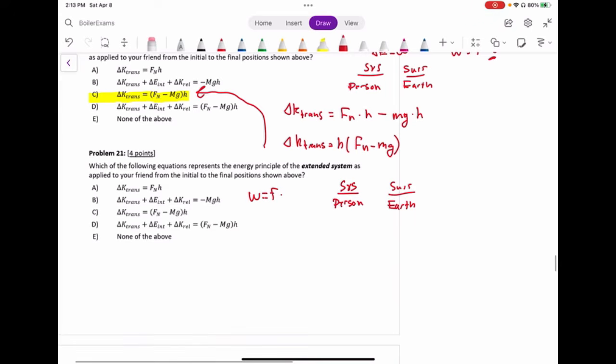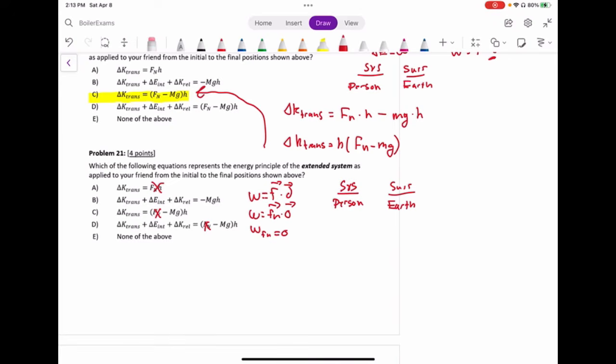work is force dot displacement vector. And yes, we have that normal force, but his feet aren't being displaced at all. So the work due to that normal force is going to be 0. So immediately, nope. Nope. Nope.